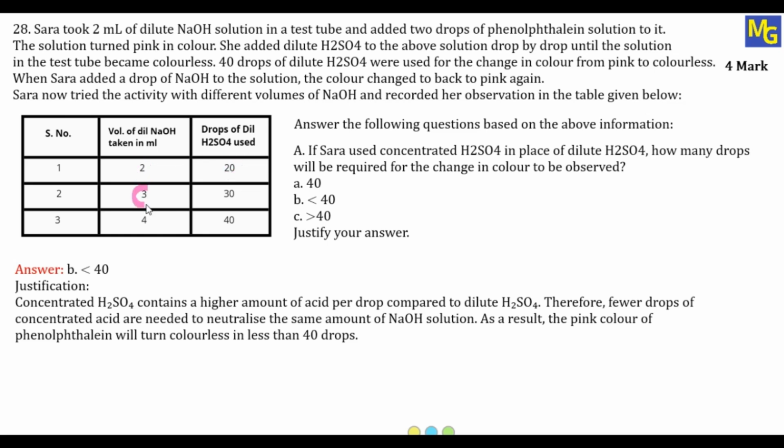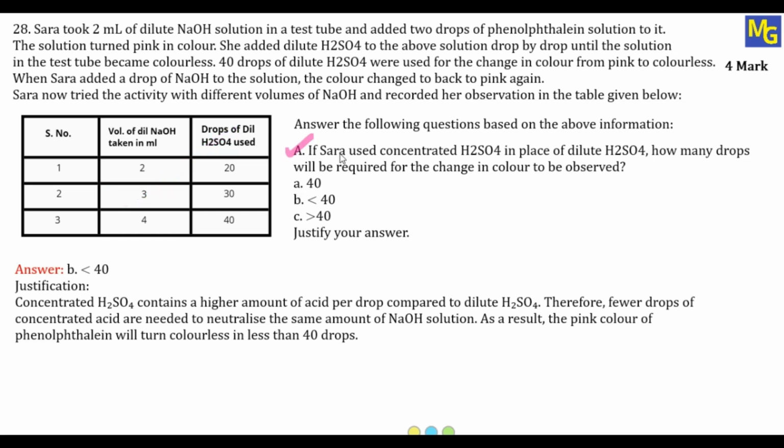Then she took 3 ml NaOH, drops of H2SO4 used 30. She took 4 ml NaOH, drops of H2SO4 required 40. So remember, NaOH is in ml and H2SO4 is in drops. This you have to remember. Now, answer the following question based on the above information. So by using this activity and this table, you have to answer the given questions.